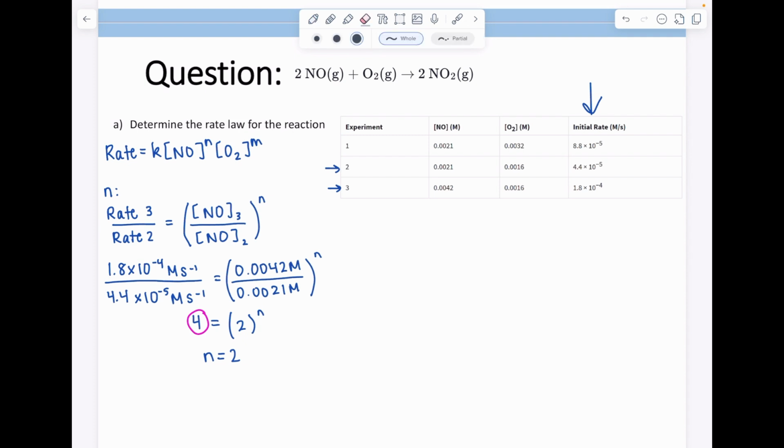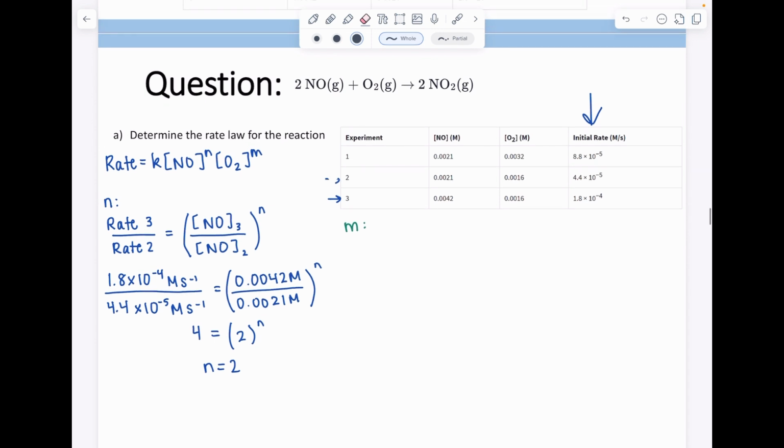To find m. So we have found n, we need to find m. This is the reaction order with respect to O2. Here we will use experiments 1 and 2, where the concentration of NO stays the same, but the concentration of O2 changes.